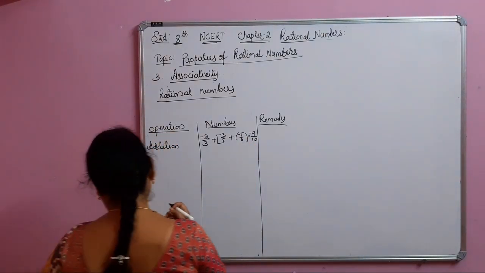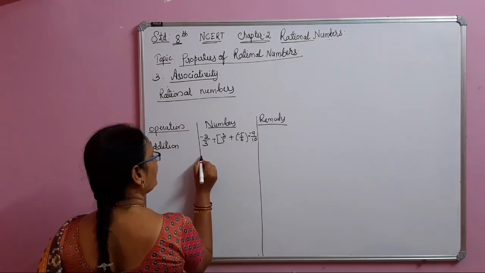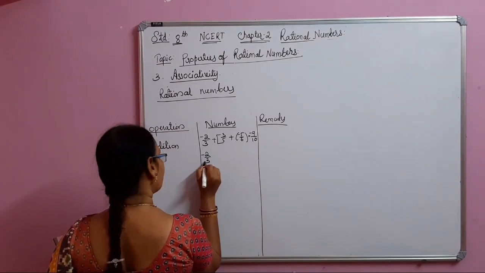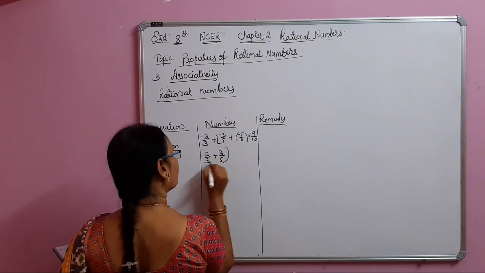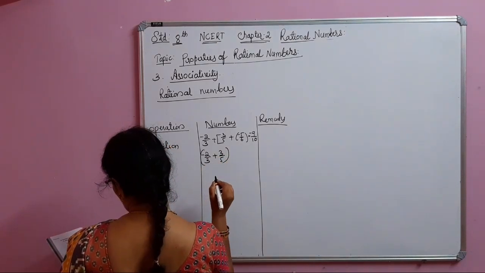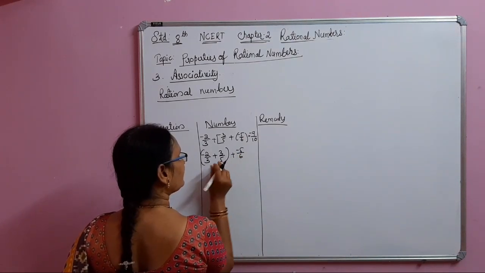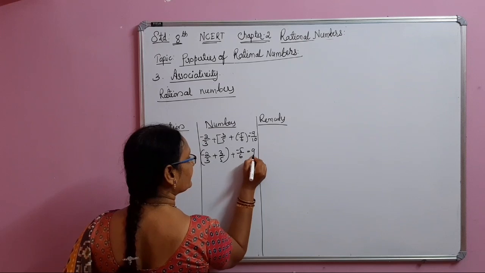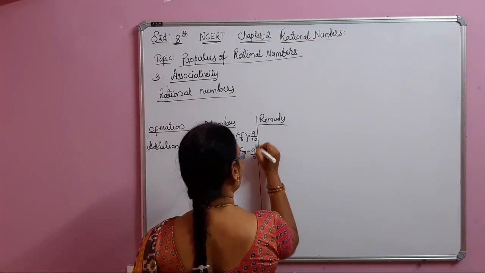Then in the same way we arrange these in a different way. Minus 2 by 3 plus 3 by 5 in one bracket, in one group, plus minus 5 by 6. Even if you do this also, you will get minus 9 by 10 only.